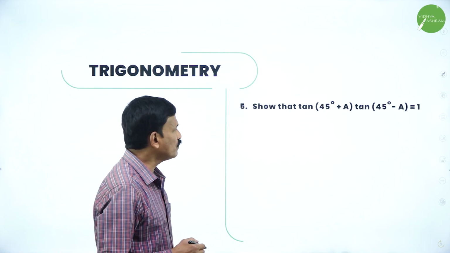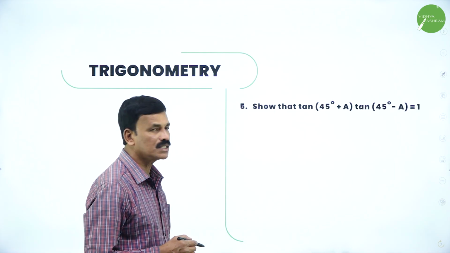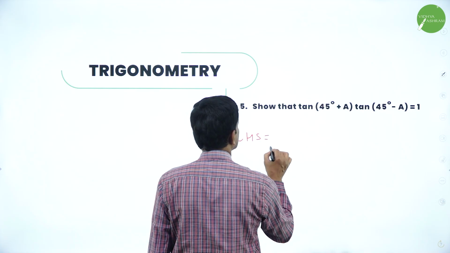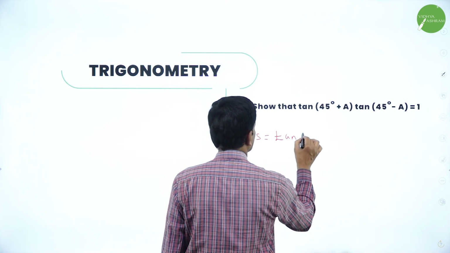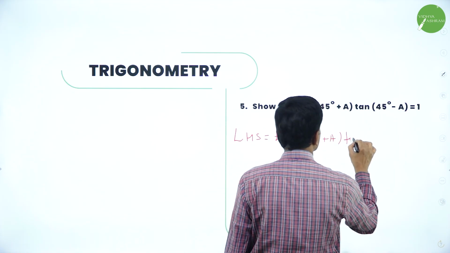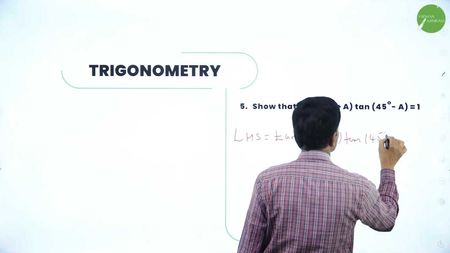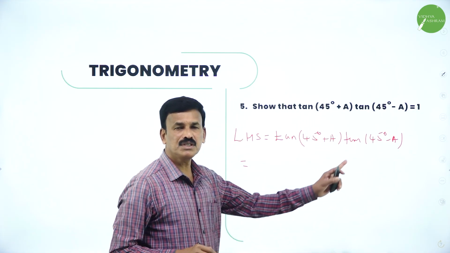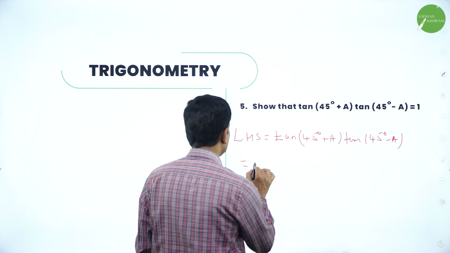Fifth problem. Tan 45 plus A into tan 45 minus A is equal to 1. So let us take LHS. First, LHS is tan of 45 plus A into tan of 45 minus A. So this is of the form tan A plus B into tan A minus B. What is tan A plus B?